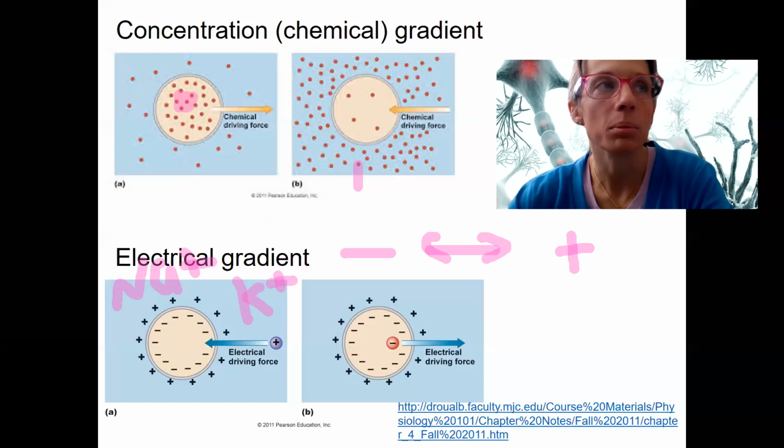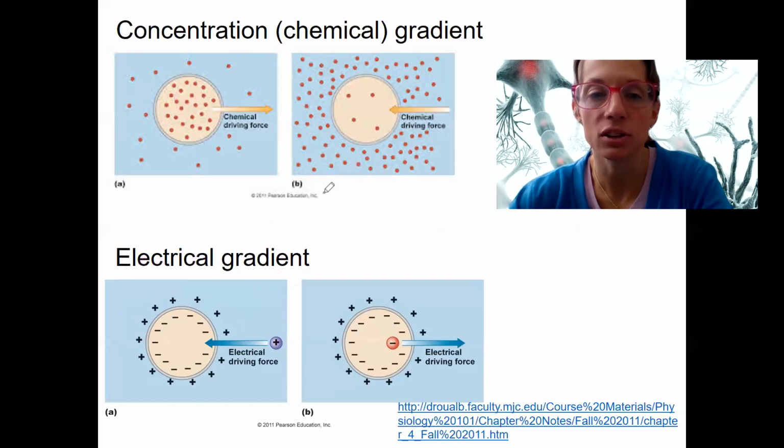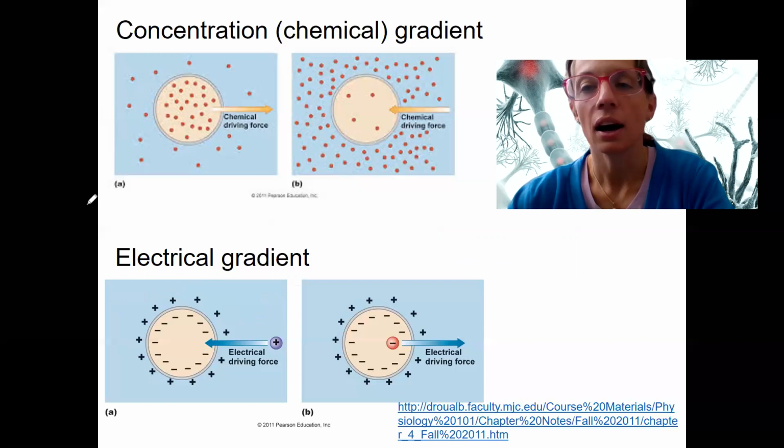It gets pretty complicated, and in this class, we're not going to go into all of the detail on how you consider each of these in every instance. There's something called the Nernst equation that would allow you to do that for each ion in a more advanced class. I do want you to know, though, that they're both important, and to be able to use this term electrochemical gradient, which again is considering both gradients.